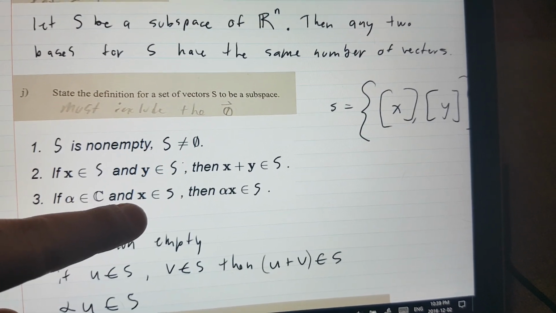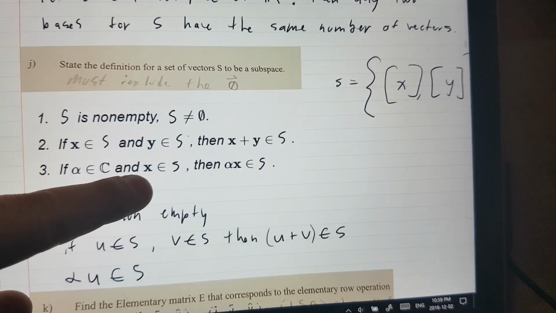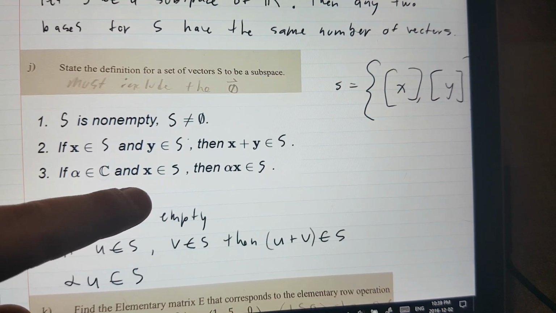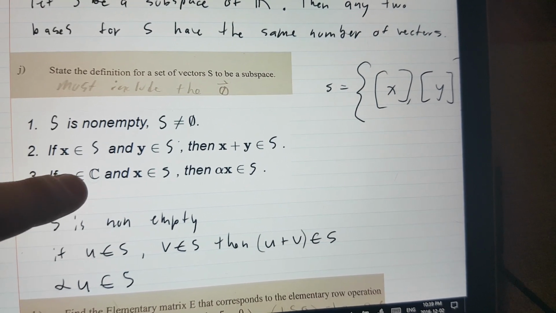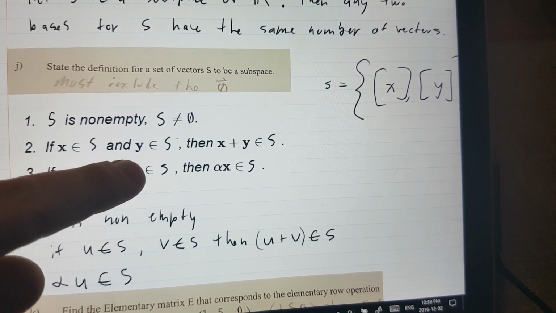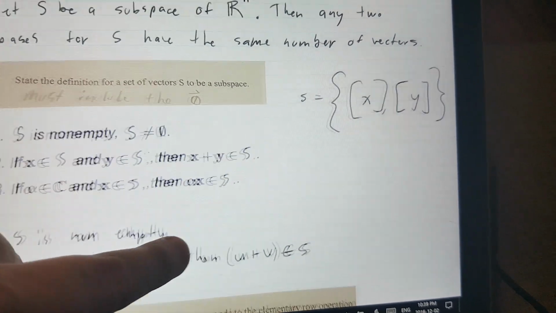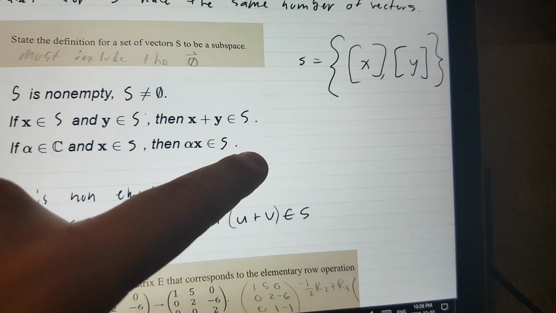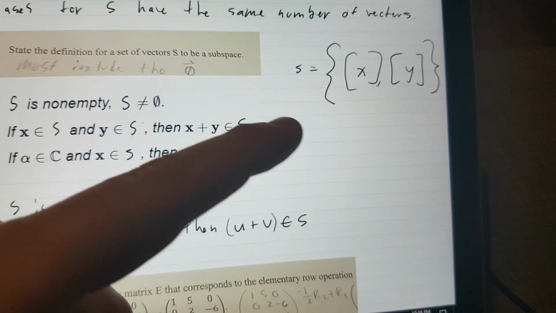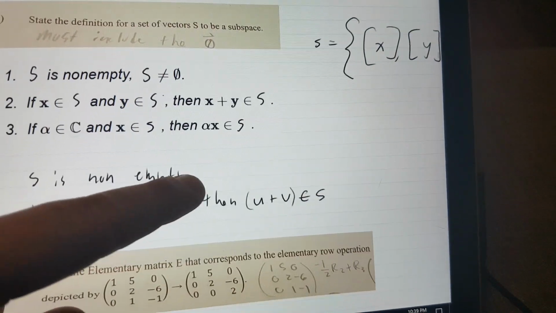State the definition for a set of vectors S to be a subspace. S can't be empty, so it has to contain a vector. If x is in S and y is in S, then x plus y is in S. So, for example, if we've got two different vectors in S, their linear combinations need to be in S as well.